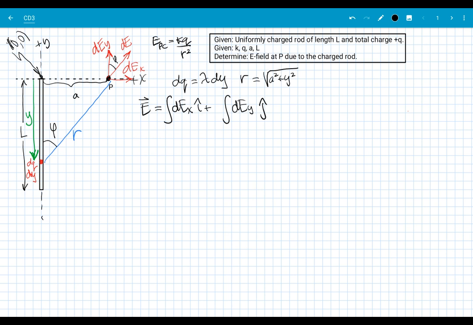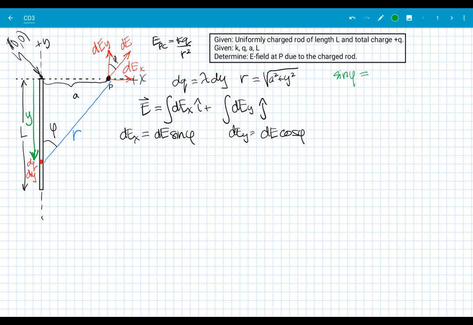And I know that I can express my dEx, right? Now that I have that phi defined, look at your x there, it's going to be dE sine phi, and dEy is going to be dE cosine phi. Okay, great. So sine phi and cosine phi, let's take just a moment and jot those down because we like to have those for later.